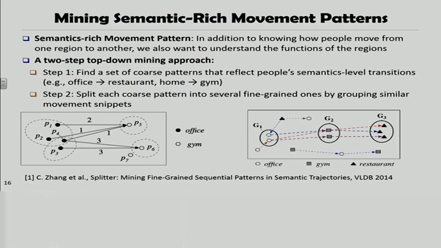So he first tried to find the semantics pattern. For example, you may find office goes to restaurant or home goes to the gym. You find these locations, they are frequent. You find this, what are the functions of this? You may find this is an office, this is a restaurant. You find the pattern. Then you try to partition them to find both semantics and this coarse pattern. You partition them, you find a fine-grained one.